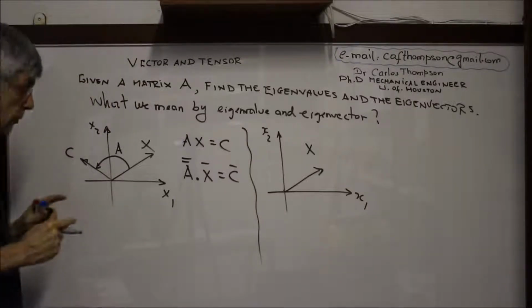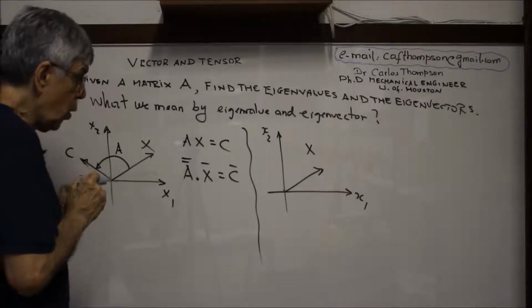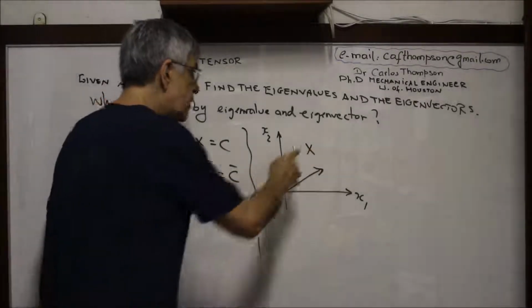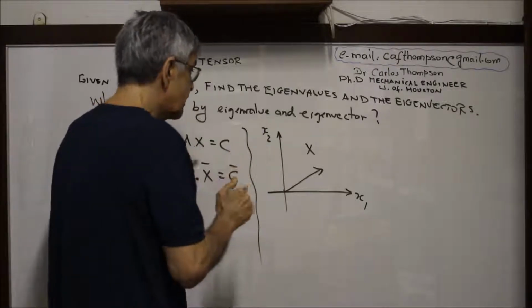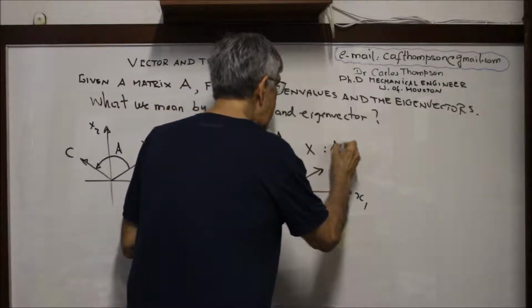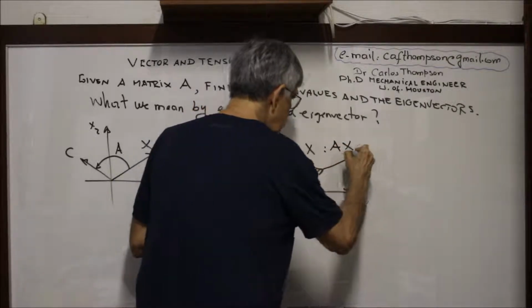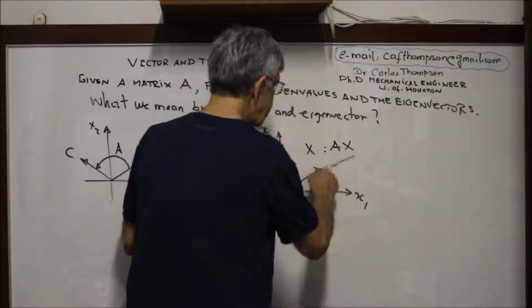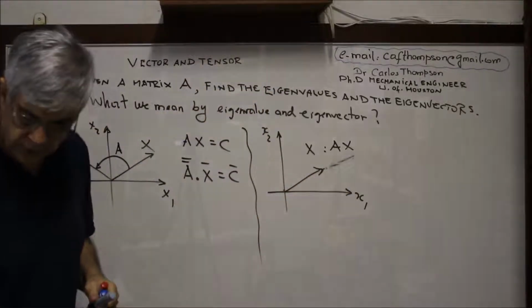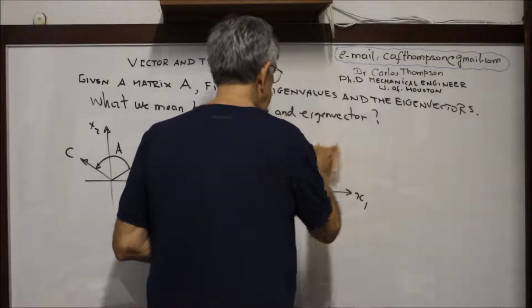Now, I want to know which x here is unknown, such that Ax, let's draw Ax here.